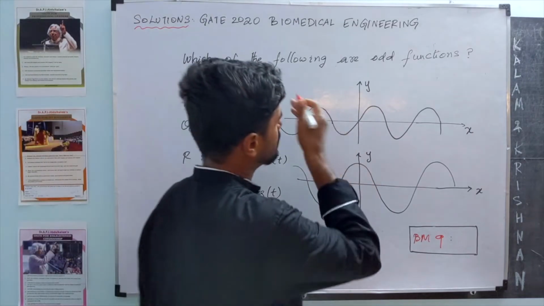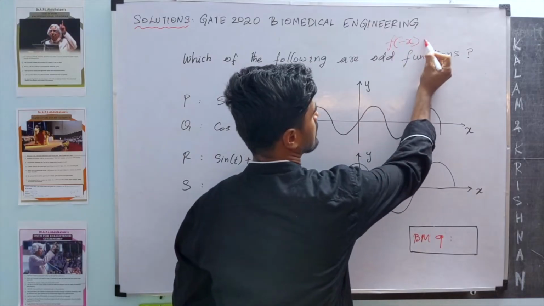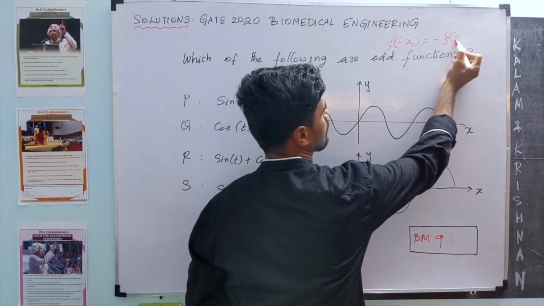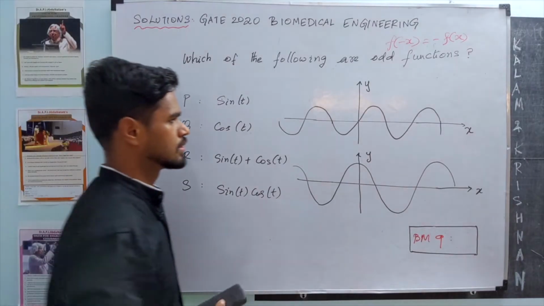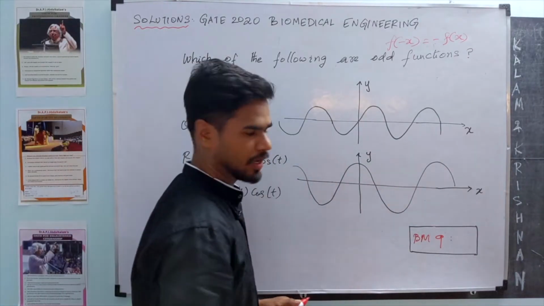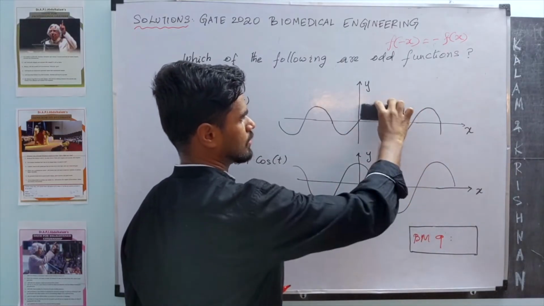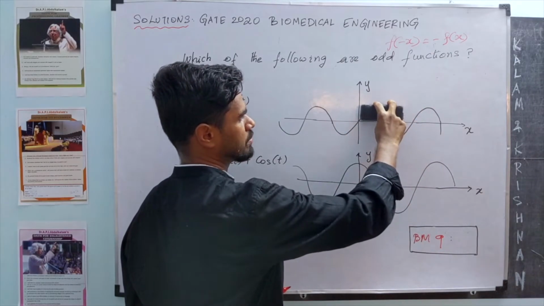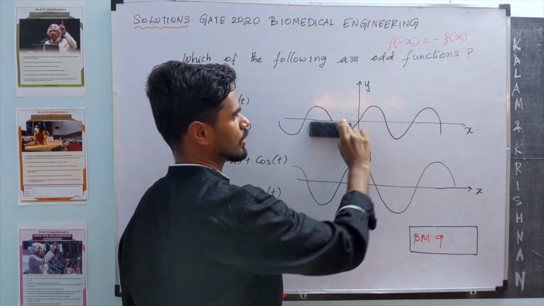An odd function, by definition, is f of minus x equals minus f of x, right? What it means is, let's take some function, okay? What I have here is a sine function. Now rotate it about the origin by 180 degrees. So we have this function here, rotated about the origin by 180 degrees.